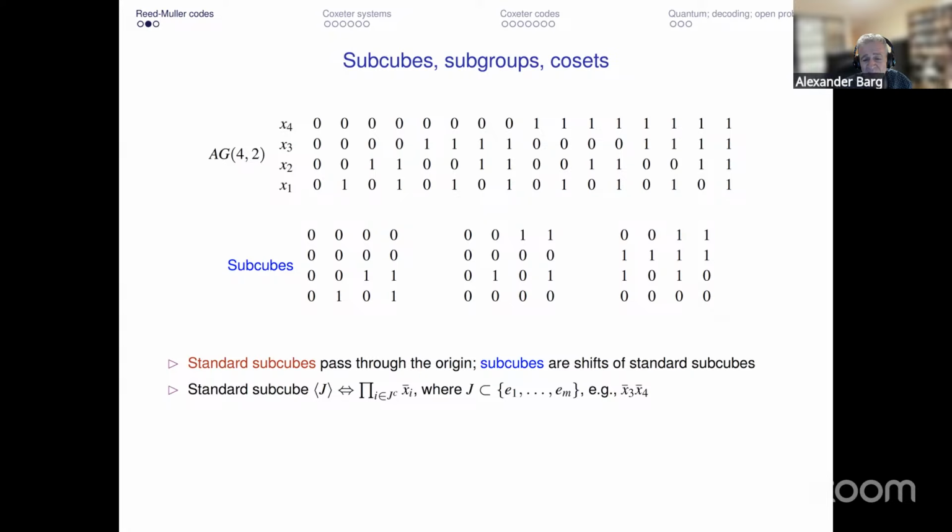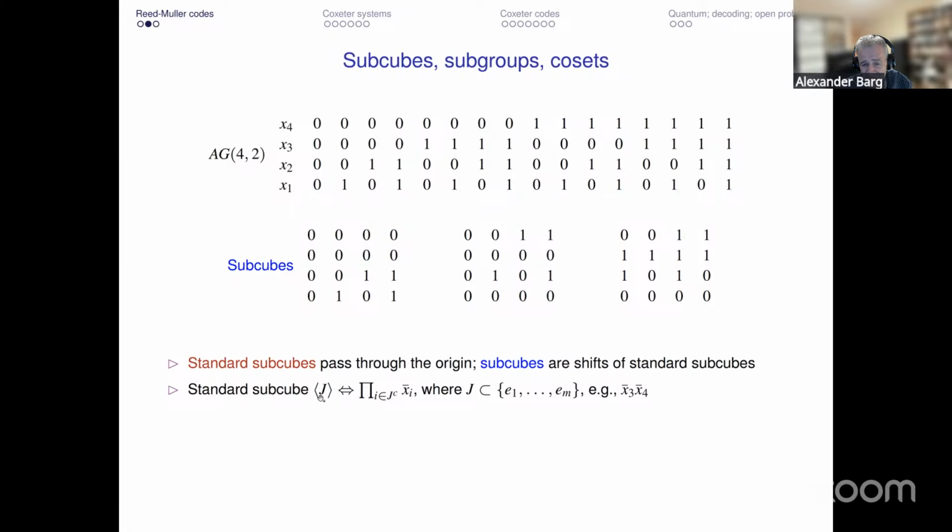A standard subcube can be written also in the following form. Let e1, ..., em be vectors in the standard basis. So four vectors here, 1, 2, 3, 4. And let us say J is a subset of that standard basis. Angular brackets J is the linear space generated by those vectors.